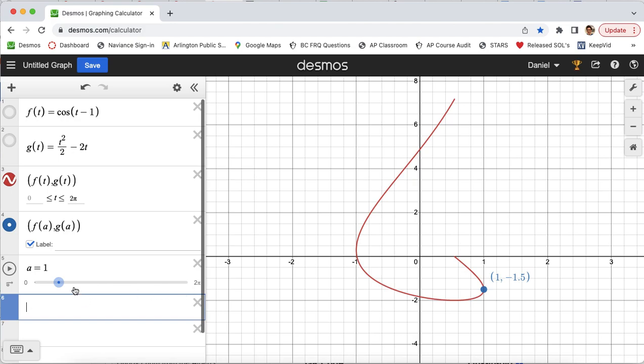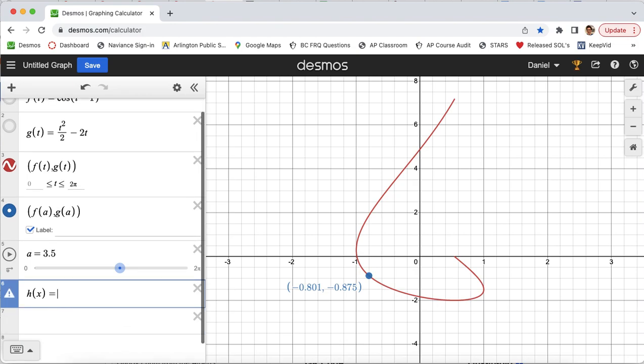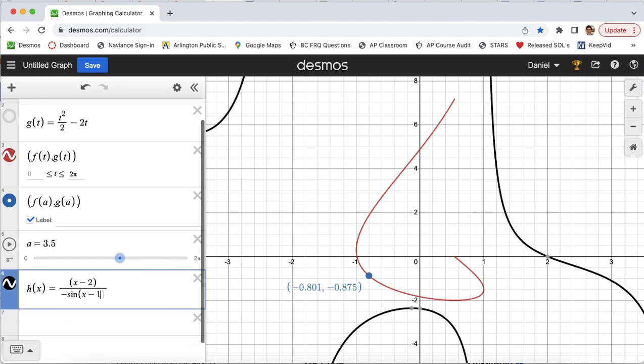If I were to pick any other number, like let's say 3.5, if I were to try to plug a 3.5 into the equation for dy/dx, which I'm going to give a name, let's just call it h of x, was x minus 2 over negative sine of x minus 1. I could have used t instead of x here.